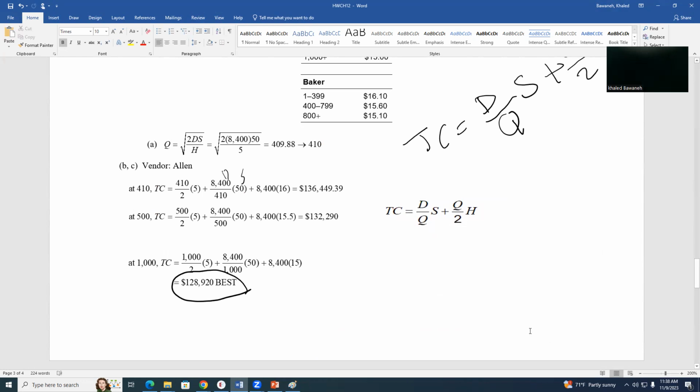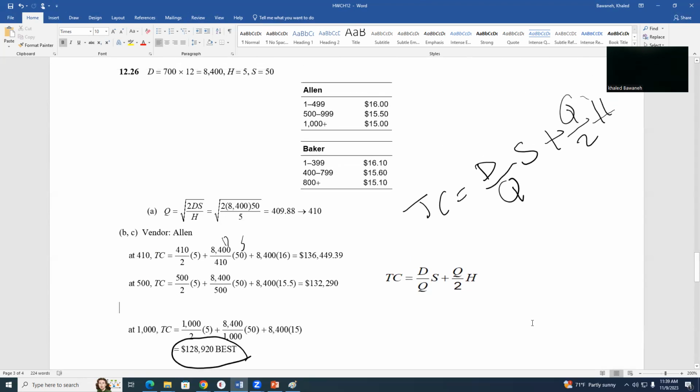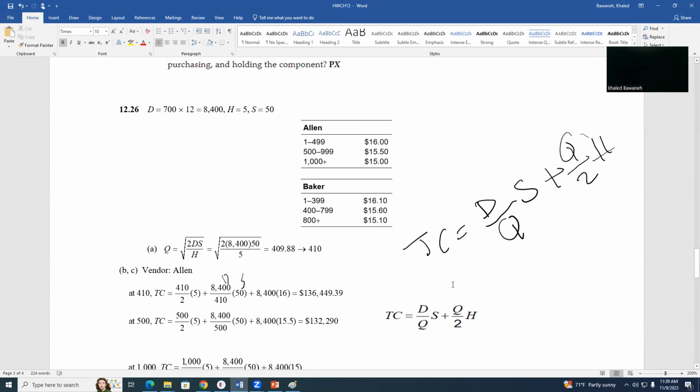Okay, if you do that for the total cost for the first one, we said we take the optimal order, which is Q, plug it in, and find the total cost for each one. I'm still on the first provider, or supplier. For the first one, you take the 500, the lowest number, because your optimal quantity is 400, right?